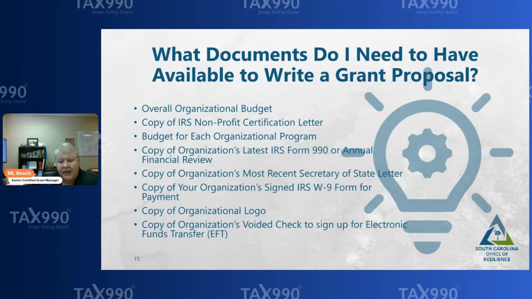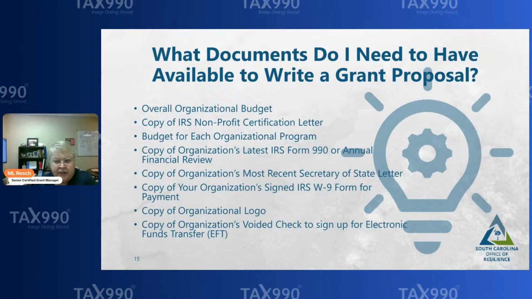Also, you want to have a copy of your organization's latest 990 if you're required to do a 990 every year, or at least an annual financial review. Having someone come in and look at your books.